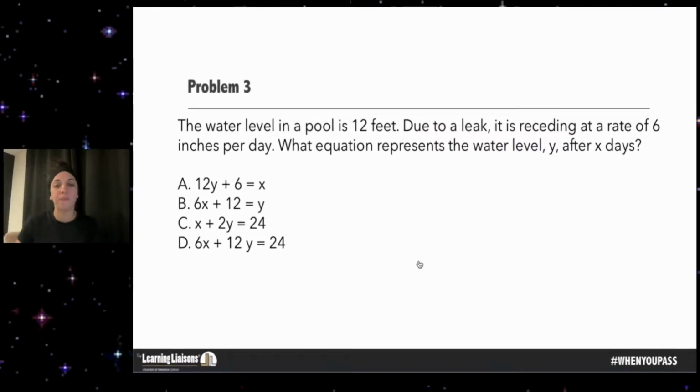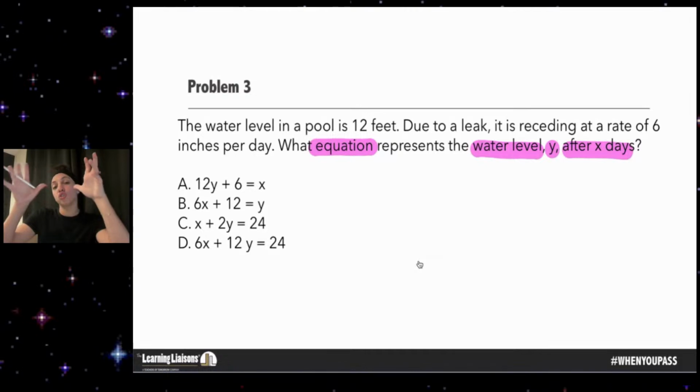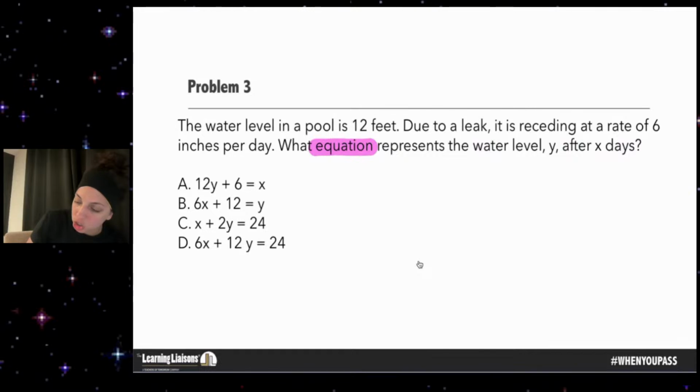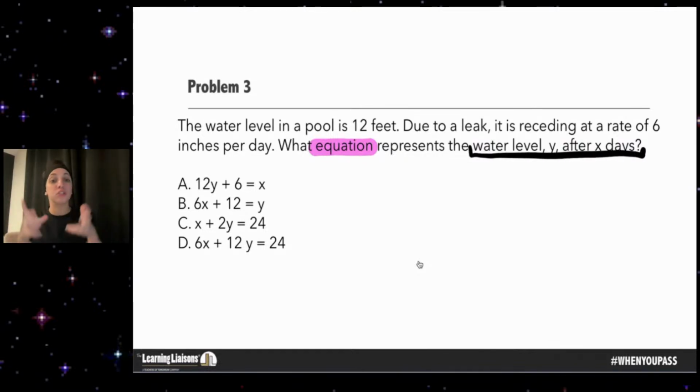All right, so they want us to choose an equation that represents this story, the water level Y after X days. Whenever you are trying to translate a story into an equation, this piece is super duper important because it defines the variables for us.